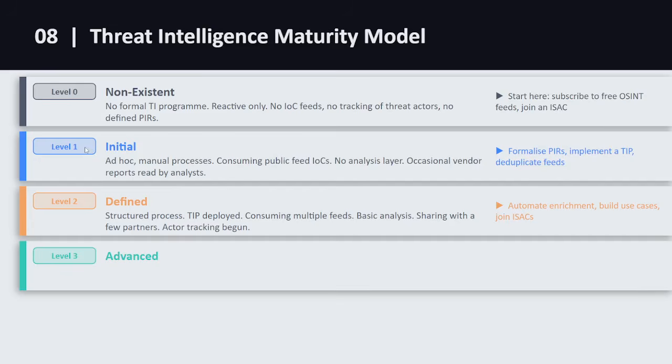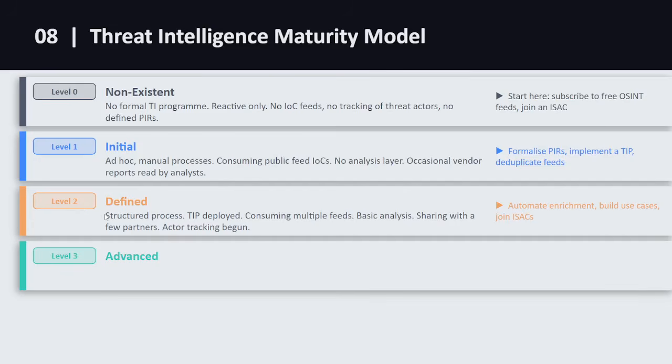Level 1 is initial: all manual process, or you will be checking with public information. Whatever is available in public, that only we will be focusing on. So no analysis layer, nothing. Occasional vendor reports read by an analyst.